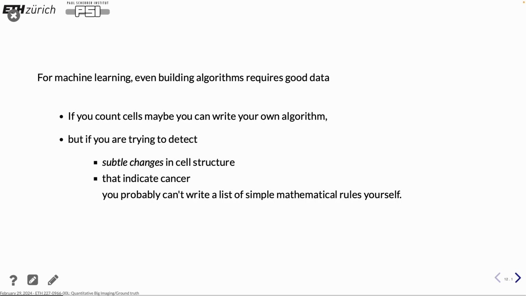With a simple algorithm, you have a small set of rules, but the more complicated the data is, for example, in tissue, there are so many variations that it's not very easy to make a set of rules that actually covers all the cases. And in that case, it may be better to use the data-driven approach.